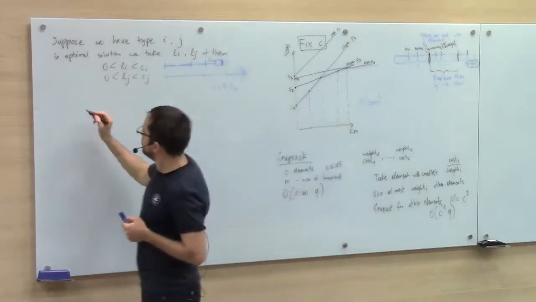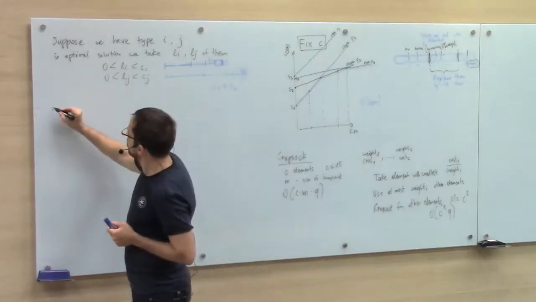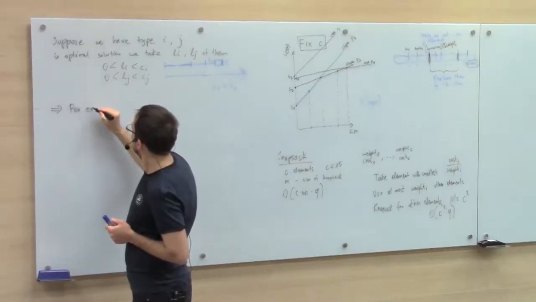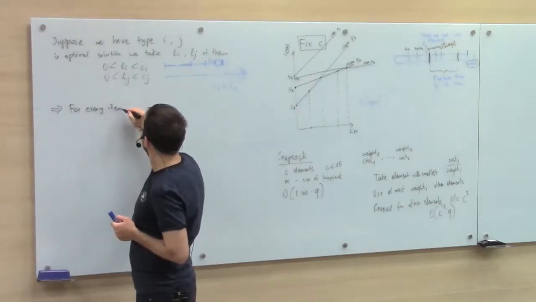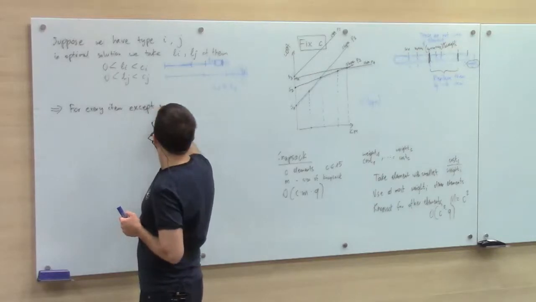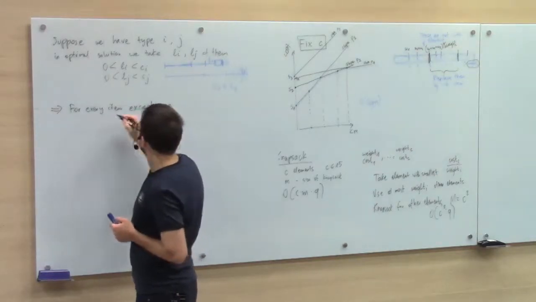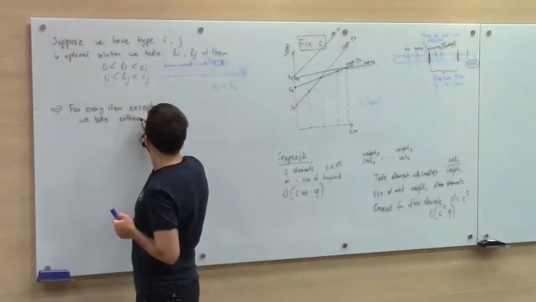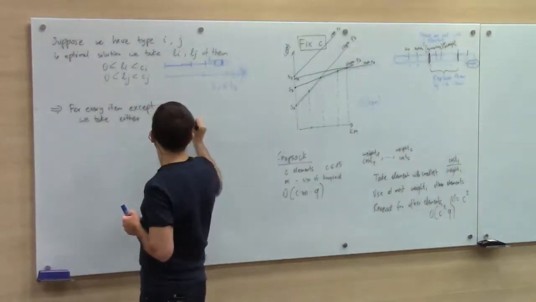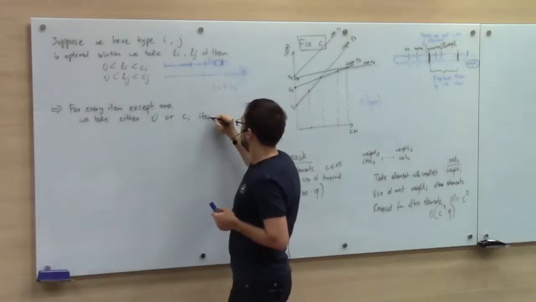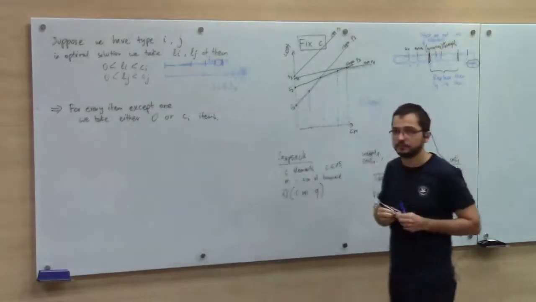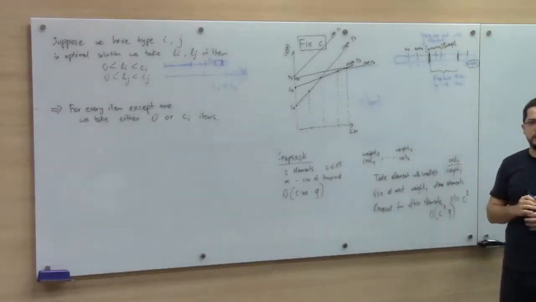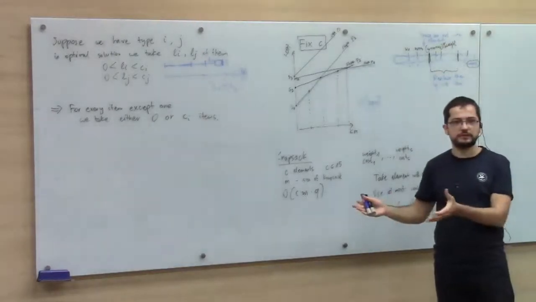So from this we know that for every item except one, we take either 0 or Ci items. Okay, so what does it mean if we can take 0 or Ci?